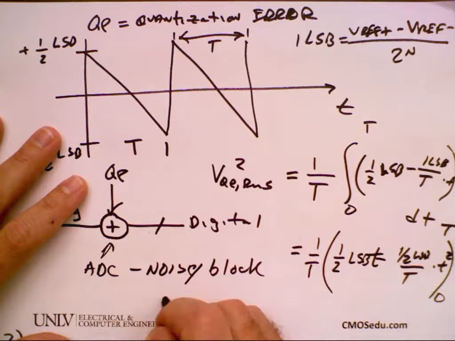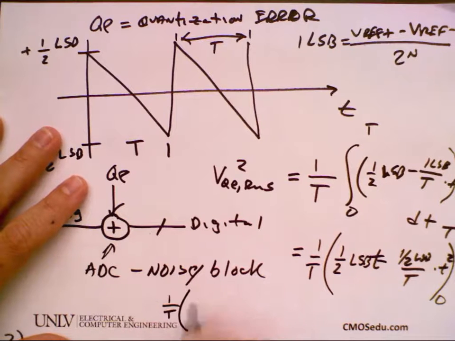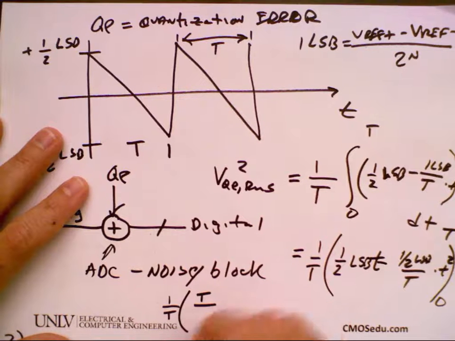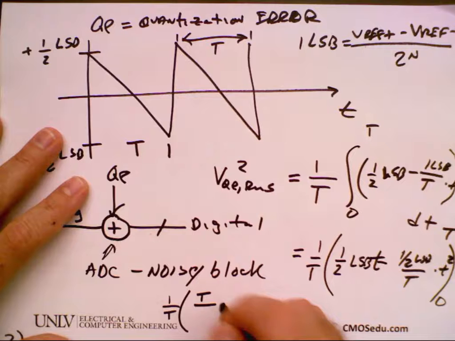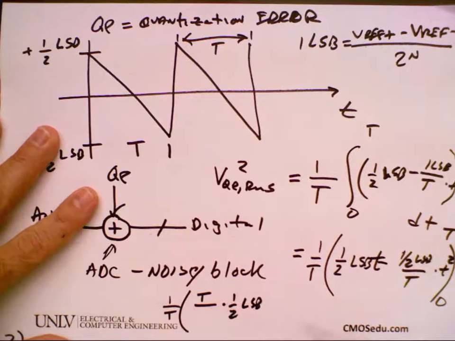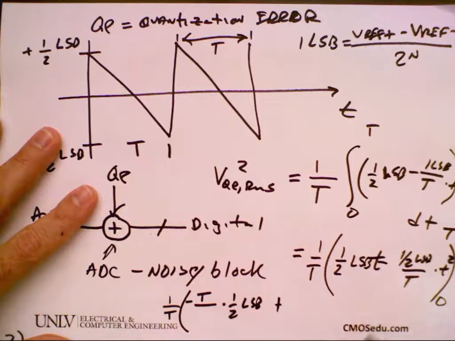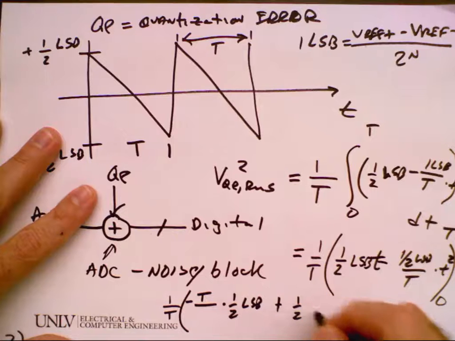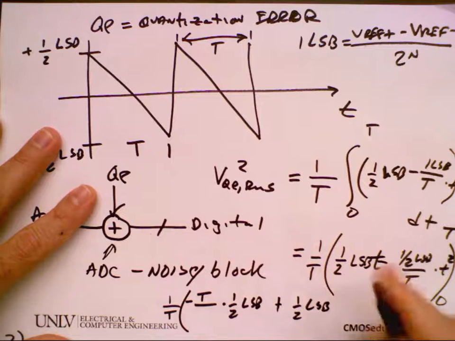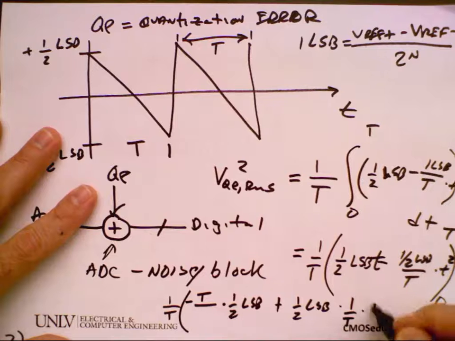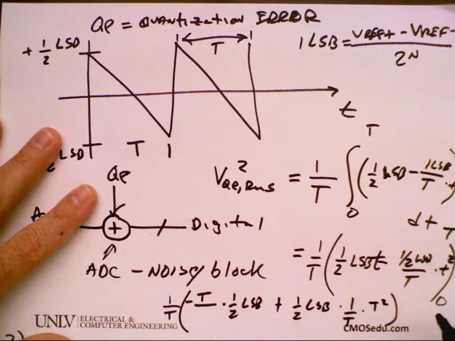It's 1 over t times 0, 0, and then this would be t times 1/2 LSB. And this is minus, let's do minus plus, and this would be 1/2 LSB times 1 over t times t squared. Wait, I've got some issue here.